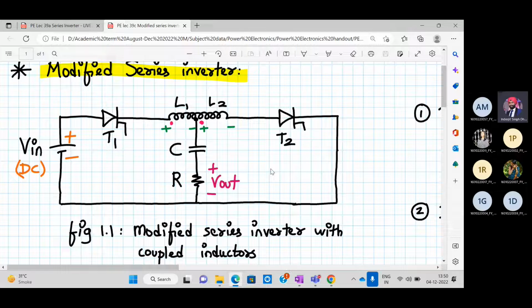Can we start with the working? Have you noted down the diagram? L1 and L2 are exactly the same value. So what's the beauty of such a connection? If a voltage is induced in L1, the same voltage will be induced in L2 because of mutual coupling.